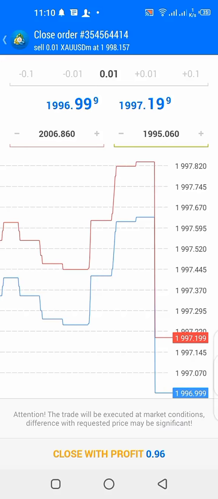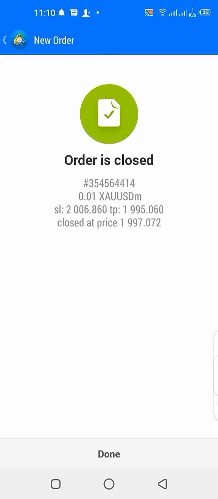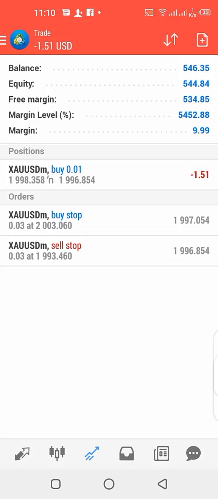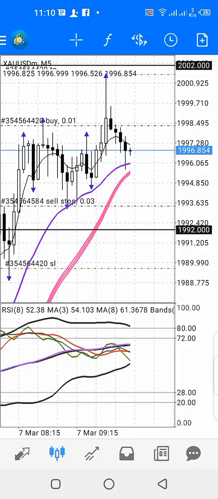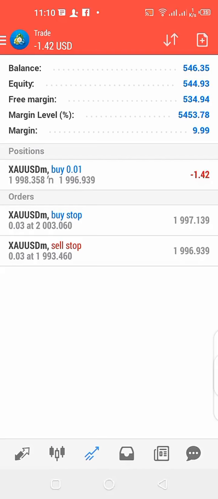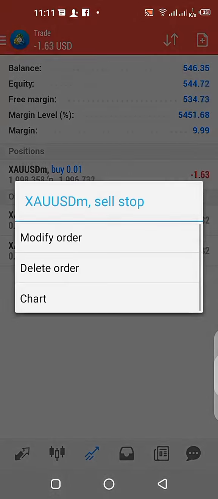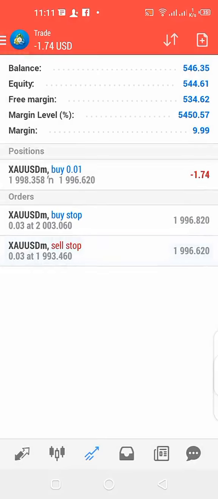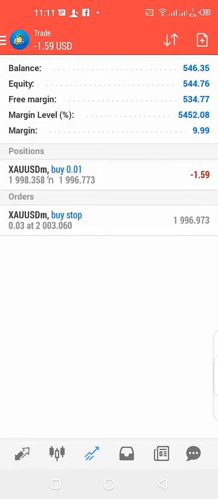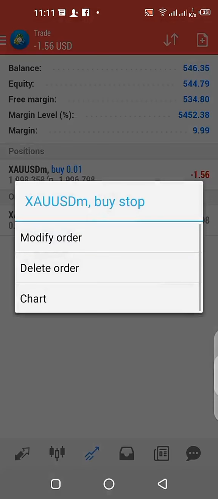Now for this current exercise, I just closed the sell trade. What I just did is to close the sell trade, as I have seen that price is trying to go up.